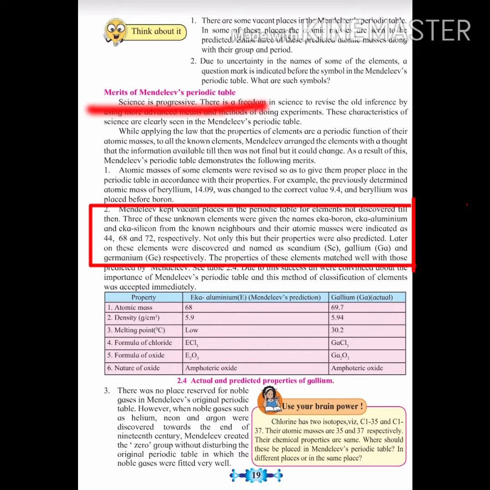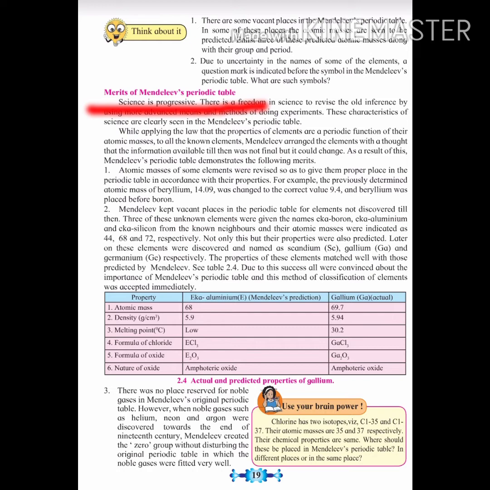Later on, it was found that scandium, gallium, and germanium, with atomic masses of 44, 68, and 72 respectively, matched well with those predicted by Mendeleev. So it was a success back then.